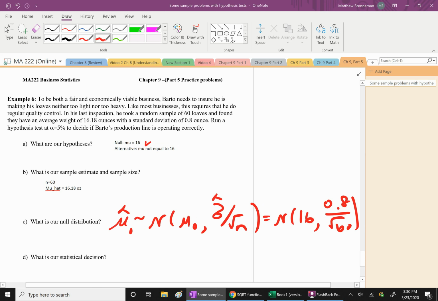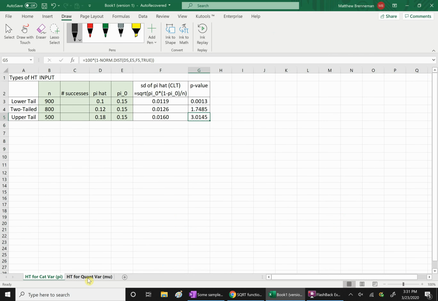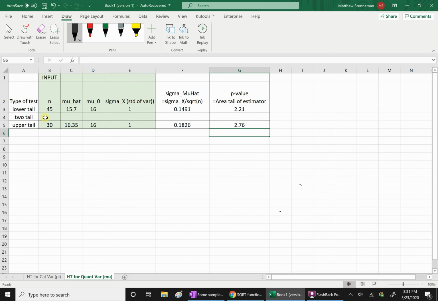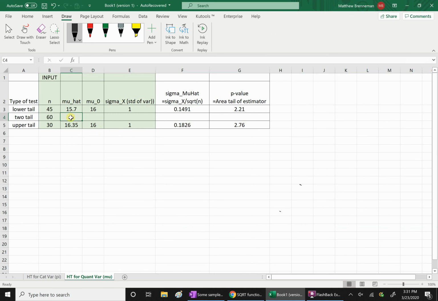Okay, so we're doing a two-tailed test. We know the value that we're looking at, and we know the distribution that it comes from, so we can go ahead and work it out now. If we go to Excel, make sure we're in the quantitative variable section. I have a sample of size 60, my sample mean here was 16.18, and of course this is the mean under the null hypothesis.